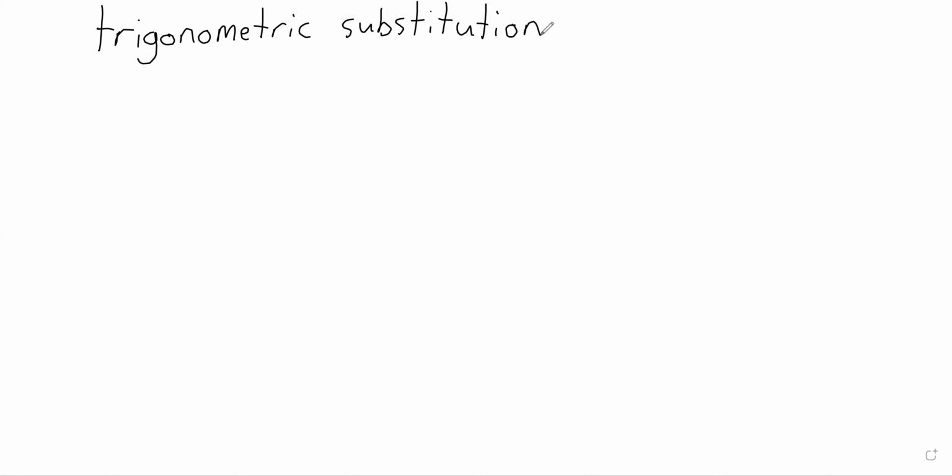So this week, I don't know if it will take all week, probably not, but we're going to look at trigonometric substitution. This is another integration technique, and I think it's fair to say that it's not most people's favorite technique.